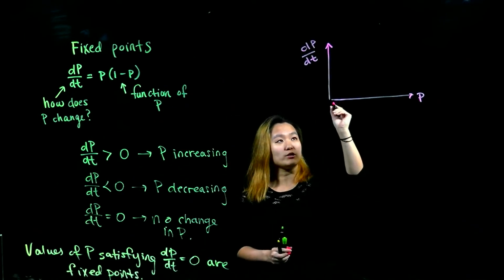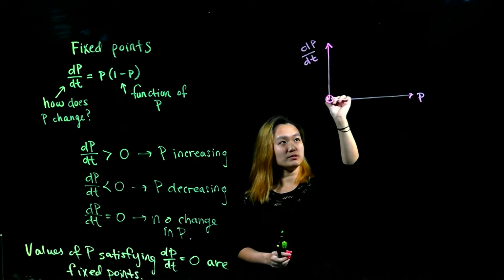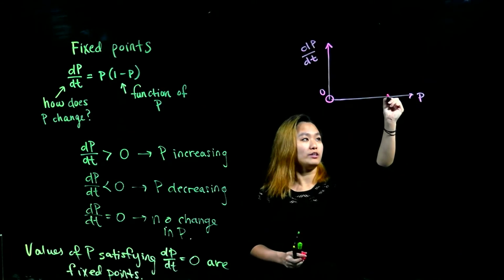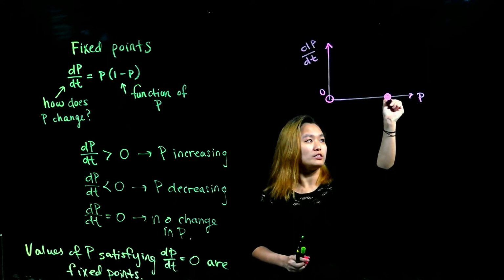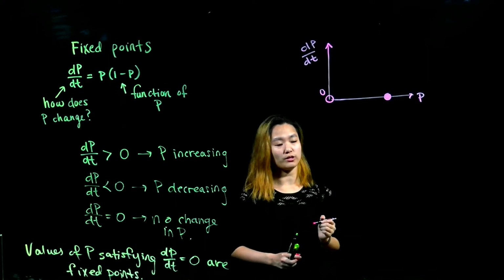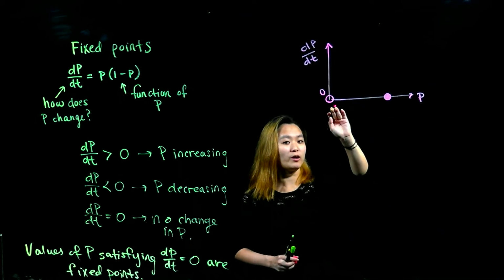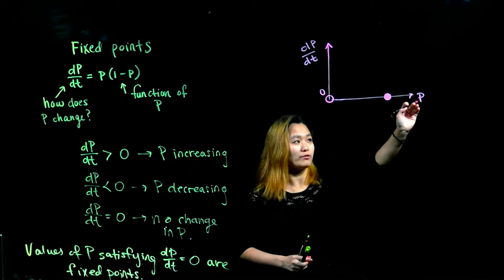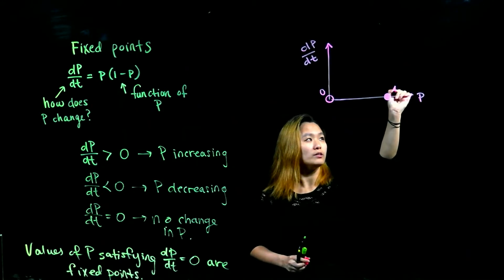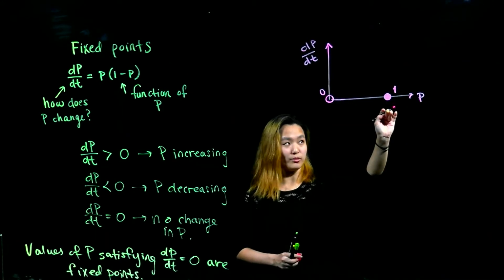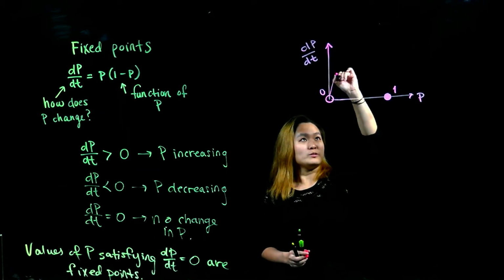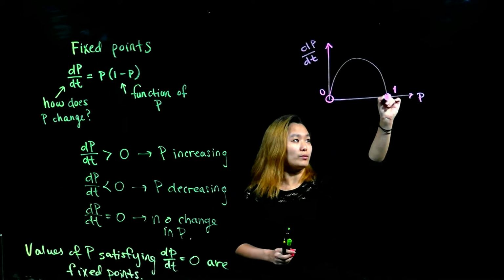So for p equals 0, dp/dt equals 0. And for p equals 1, dp/dt also equals 0. Don't worry for now what the open and closed circles mean. All that's important is that for p equals 0 and 1, dp/dt is 0. And if you plot this function, dp/dt looks like that, a parabola.